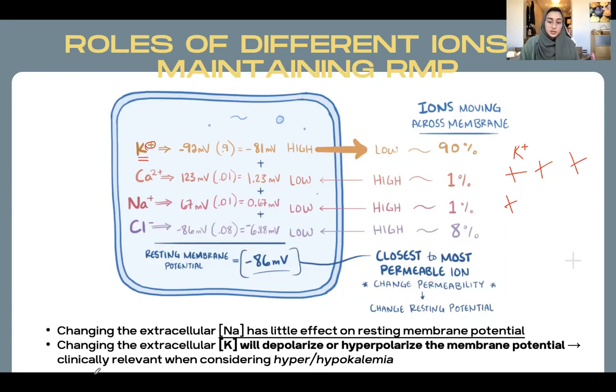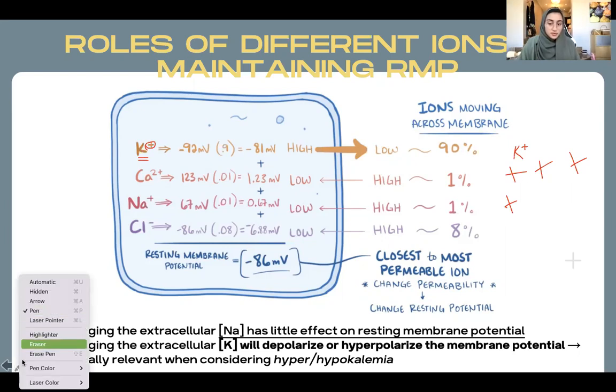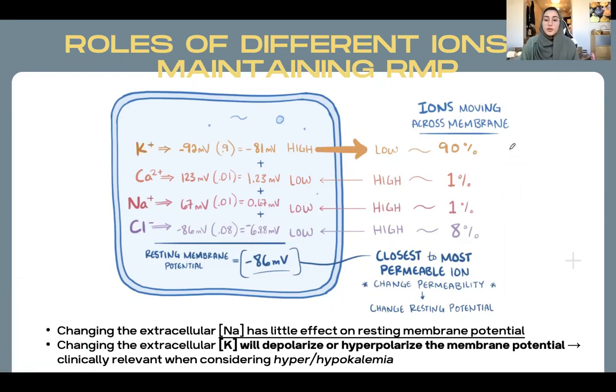Let's say you have, let me go to the eraser. Okay, let's say you have hypokalemia, right? Let's say you only have 2 potassium ions outside. There's a lot less positivity repelling the potassium, right? So the diffusion potential is not resisting the exit of potassium as much.